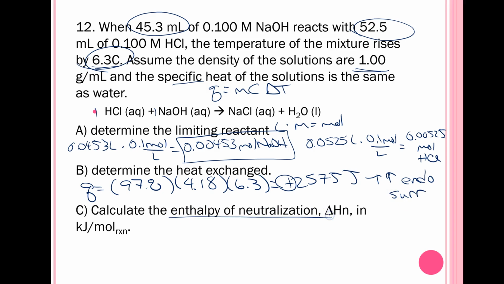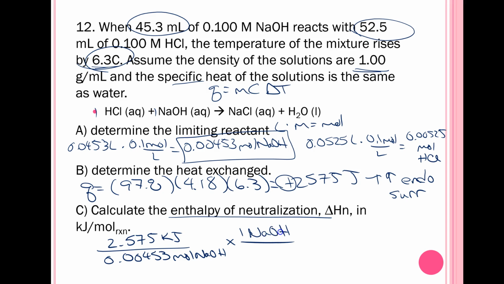To find the enthalpy of neutralization, I'm going to take that heat in kilojoules, 2.575 kilojoules, for the moles of my limiting reactant, because that limits how much heat I can get out of it. 1 NaOH for 1 mole of reaction.